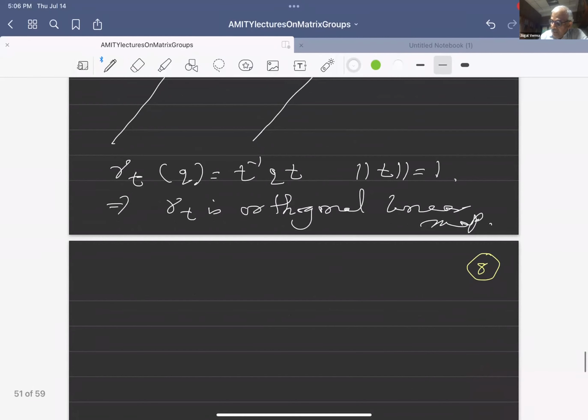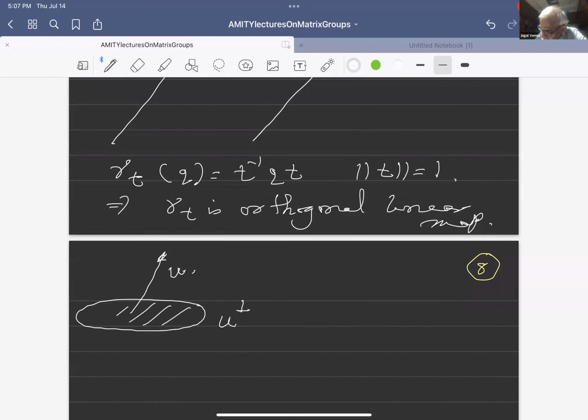If you want to show that an orthogonal linear map is a rotation, what do you have to do? I have found the axis of rotation, and gamma t is a linear map. To show it is a rotation, I must restrict it to the plane of rotation. Then gamma t should map vectors in this plane of rotation to itself.